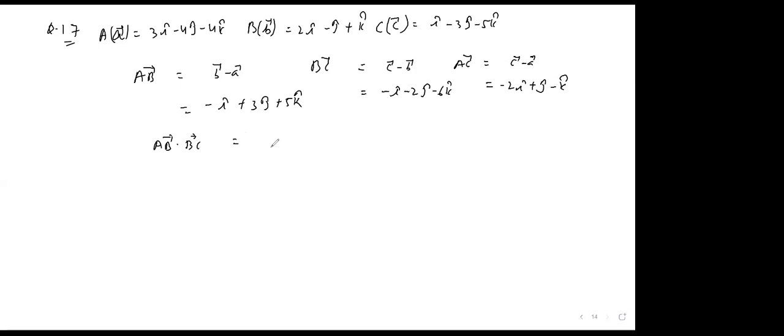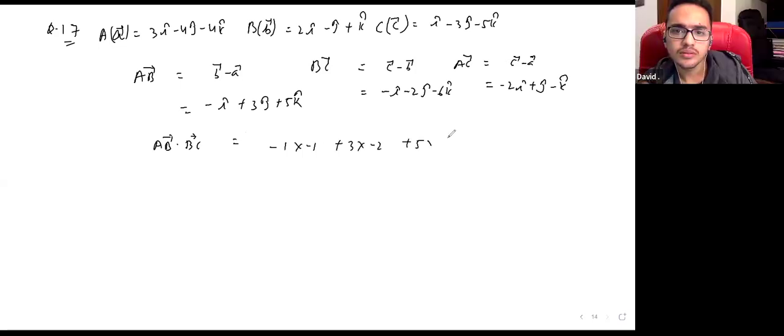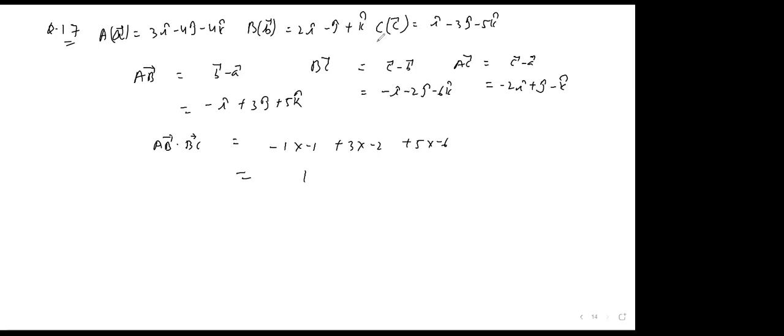Now take the dot product of any two. AB dot BC will be what? Minus 1 into minus 1, 3 into minus 2, plus 5 into minus 6. I don't think it's minus 2. I think it's plus 2 for the BC. BC, C minus B, minus 3 plus 1, that is minus 2.